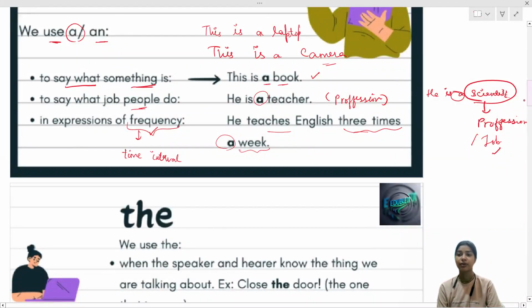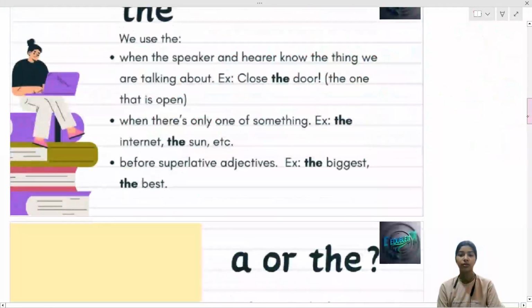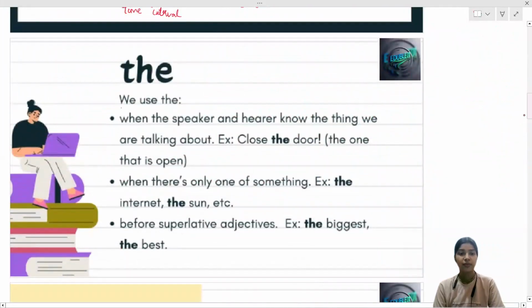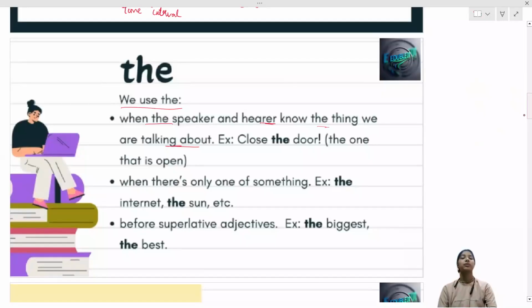Next, let's learn about the. We use the when the speaker and hearer know the thing we are talking about. Right now, I'm the speaker, you are the hearer. We both know what we are talking about.